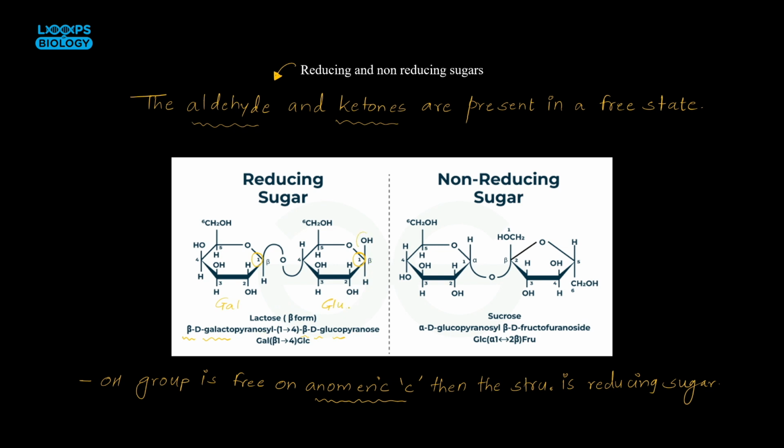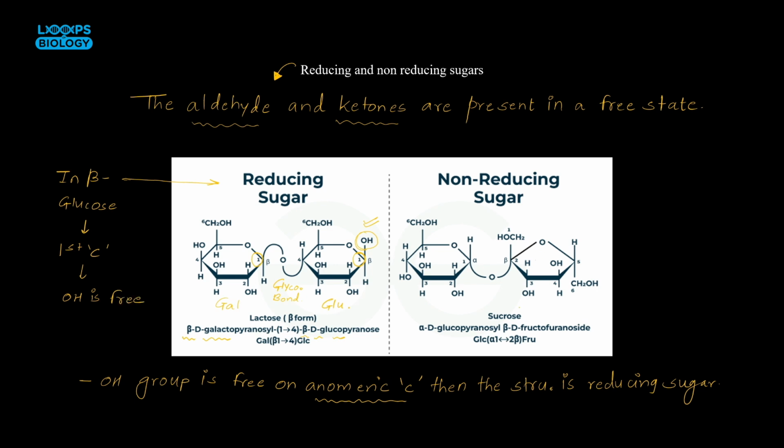In beta, the OH position is above the plane, and the bond which is formed is my glycosidic bond. In this structure, there is a free hydroxyl group on the anomeric carbon, so it belongs to the reducing sugar. In beta glucose, on the first carbon of the cyclic chain, OH is free.